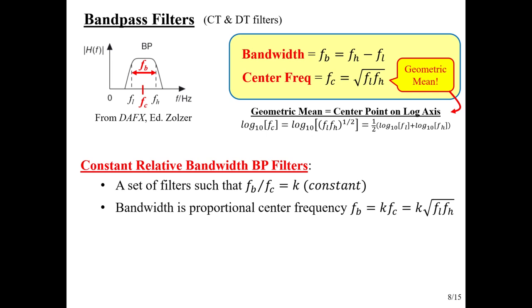What that means then is that the bandwidth is proportional to the center frequency. So that just comes right from here. We can pull the F sub C over there and we get this relationship. And now I've just subbed in for our definition of center frequency up there. So that means if we look at this set of filters, as we look at filters with different center frequencies, their bandwidth adjusts so that that relationship is maintained.